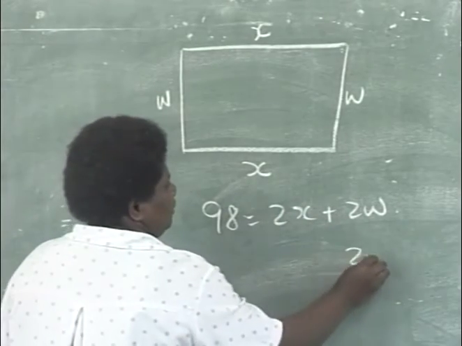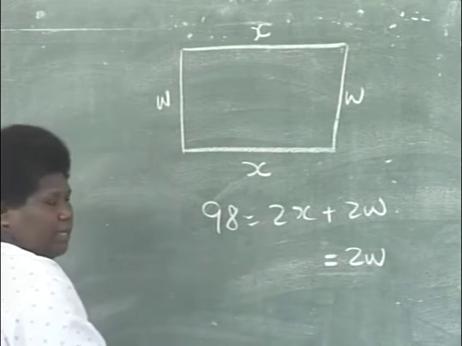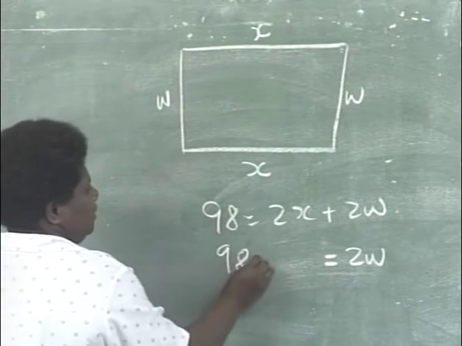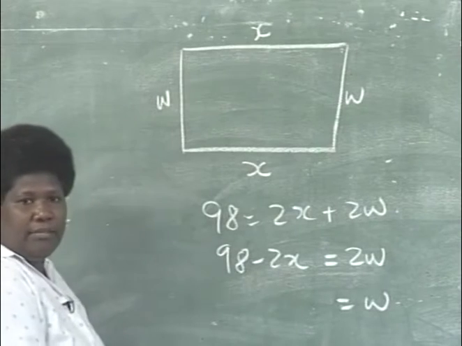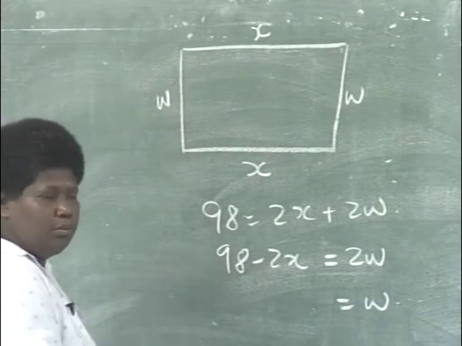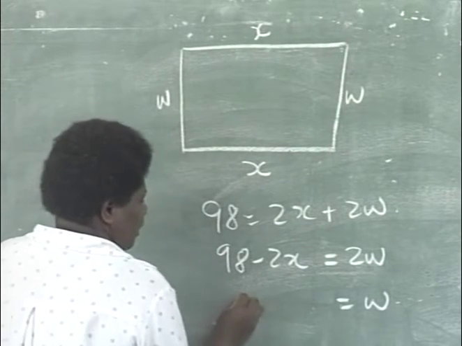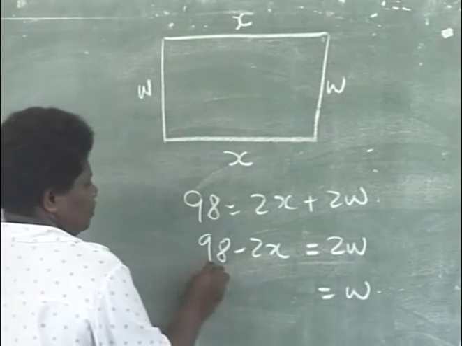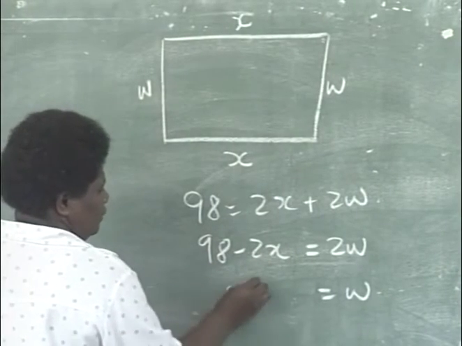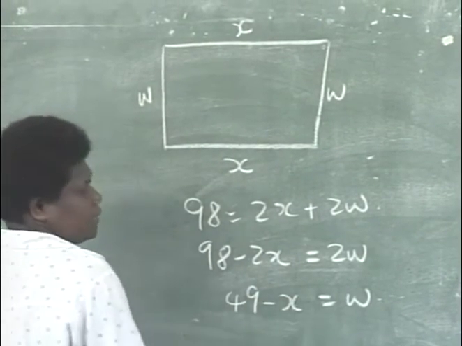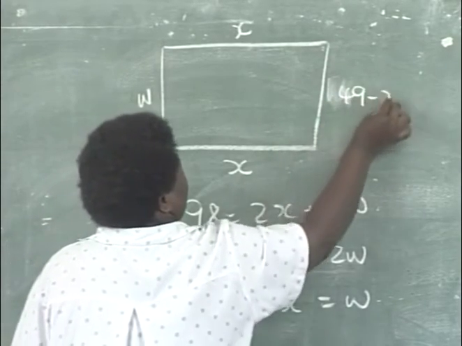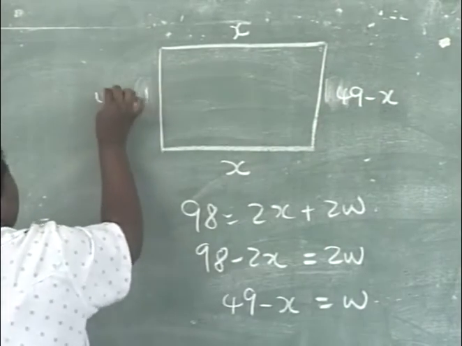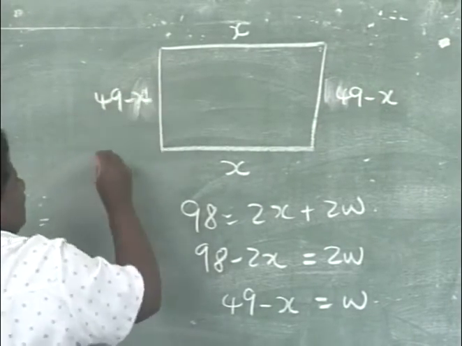You want one width, so twice the width is equal to 98 minus 2x. If you want one width, you will have to divide that by 2. So one width is 98 minus 2x divided by 2, you will get 49 minus x. So you will have to replace this by 49 minus x, and this one too, 49 minus x.